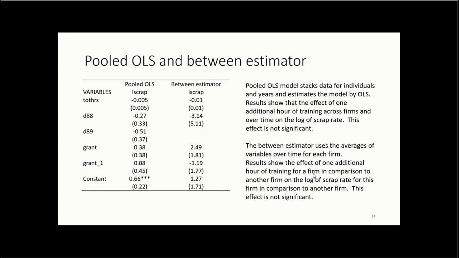So when we interpret, we would be looking at the differences from one firm to the next. So what would happen if a firm gets one additional hour of training? What would be the effect on scrap rates? We're looking at this coefficient here, and it's not significant again.